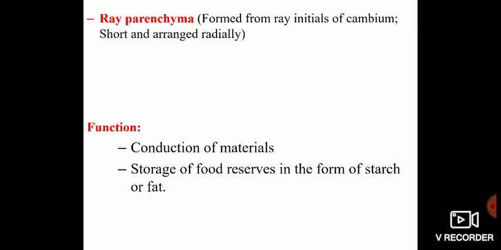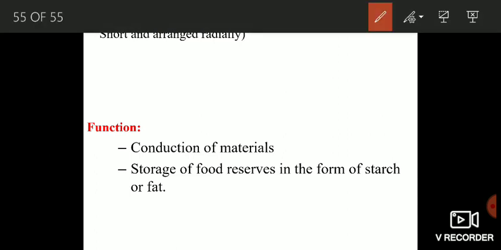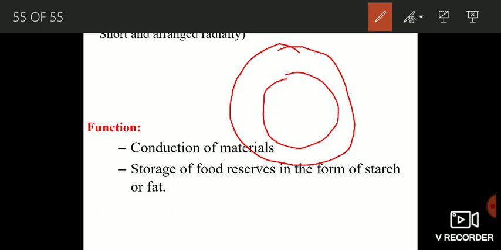And the second one is ray parenchyma. These cells are formed from ray initials of cambium, and these ray parenchyma cells are short and arranged radially. I will make you understand here. Say this is the cross section of stem. Okay, this is cambium, and this is ray parenchyma, and this is the axial parenchyma.